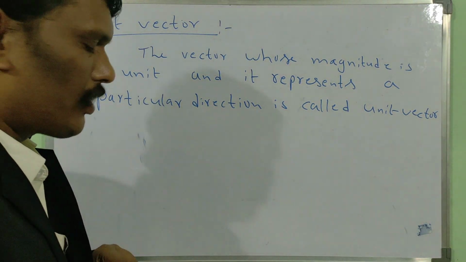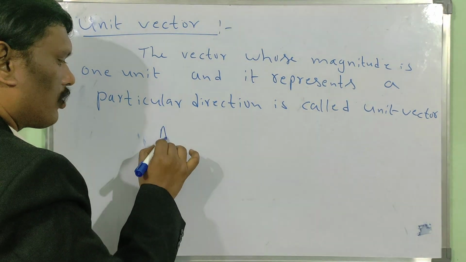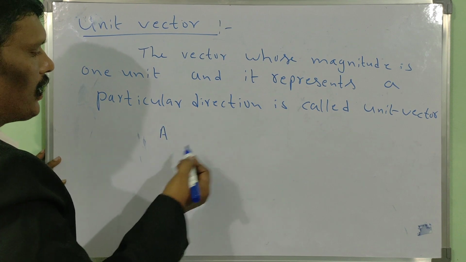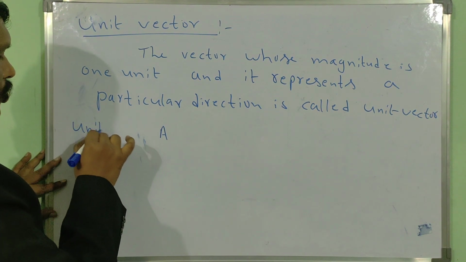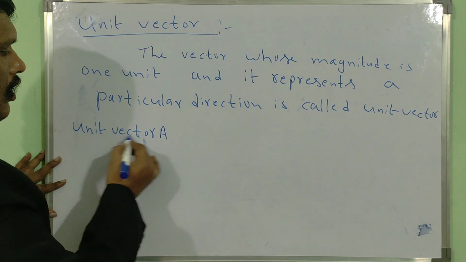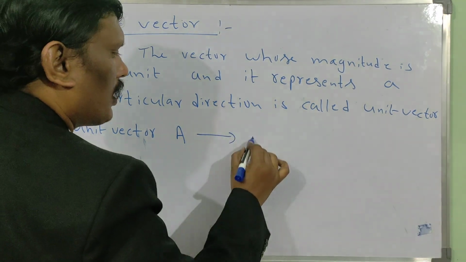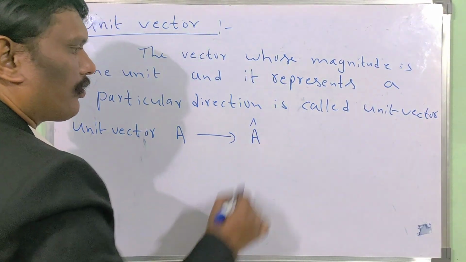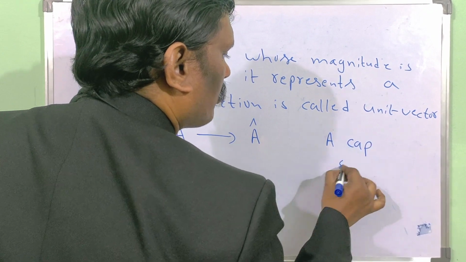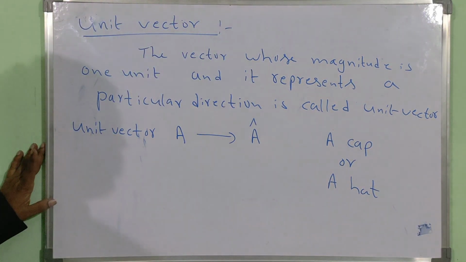Generally, we represent unit vectors with a cap or hat. If I am going to consider unit vector A, how to represent it? It is read as A cap or A hat.